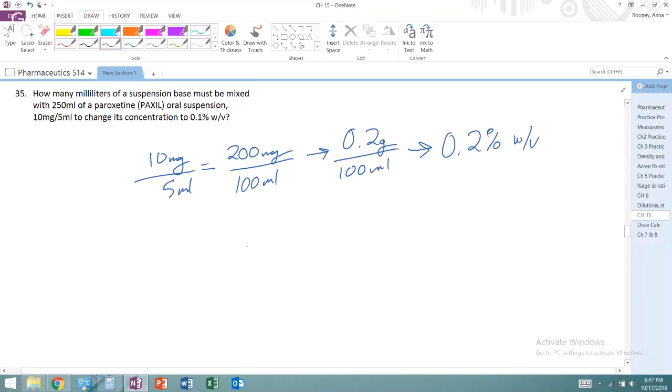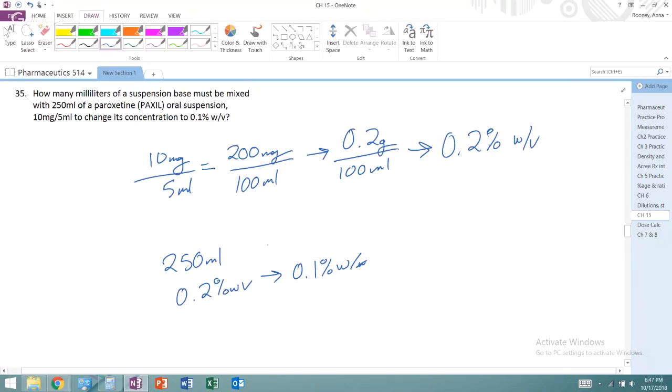So now we have our two different percents. So we have 250 mLs of the 0.02% weight per volume, and we're trying to go to the 1%. So we're just going to double the amount of fluid. So you would just add 250 mLs, because then you could essentially half the amount of concentration, which is what we're doing.